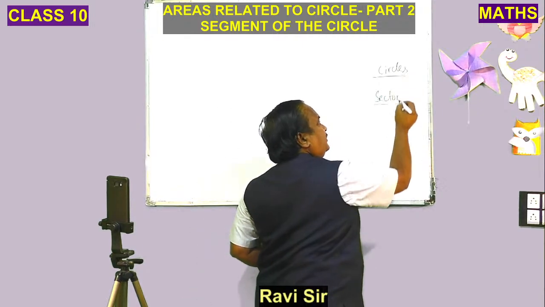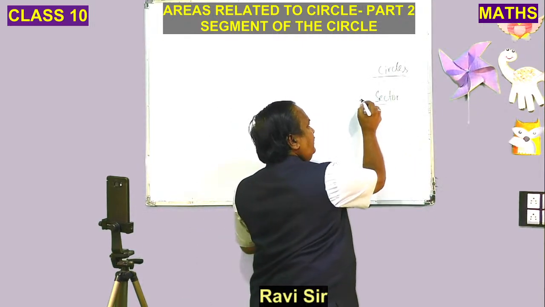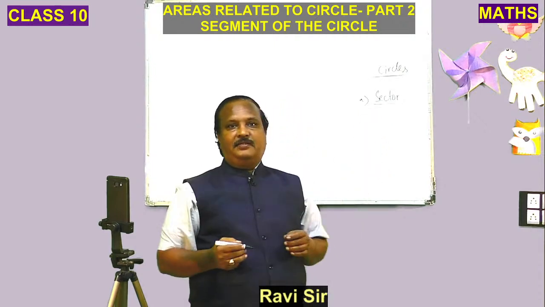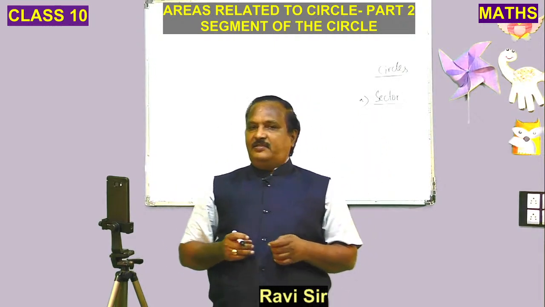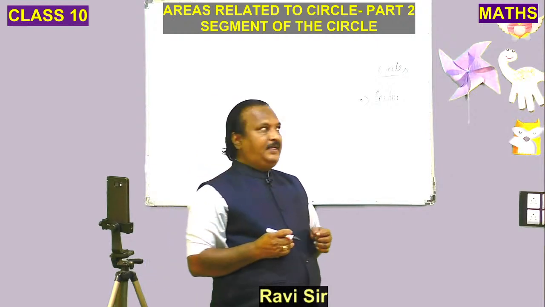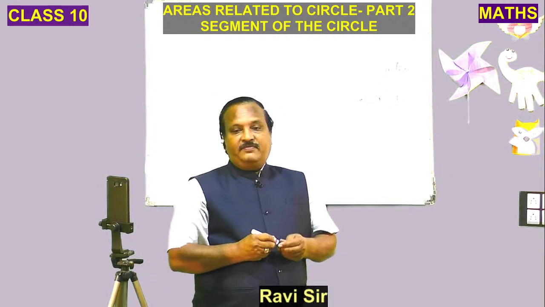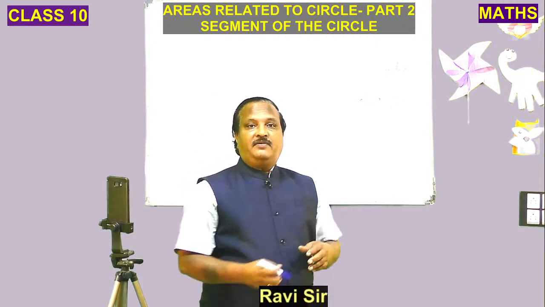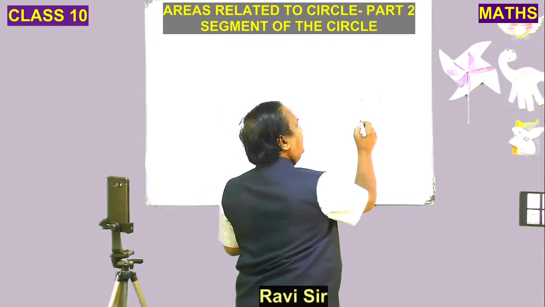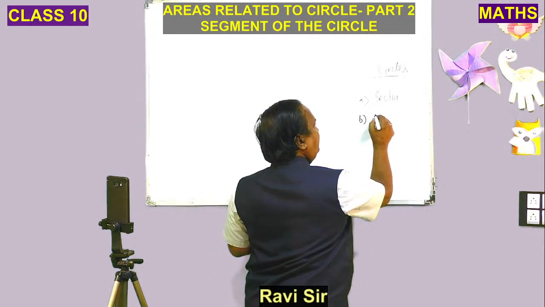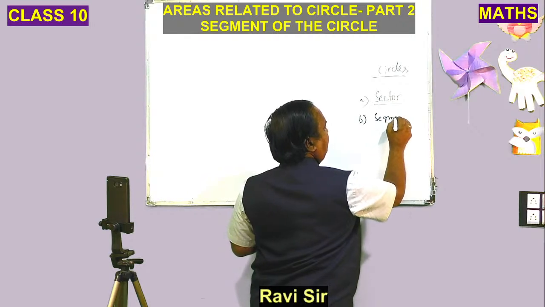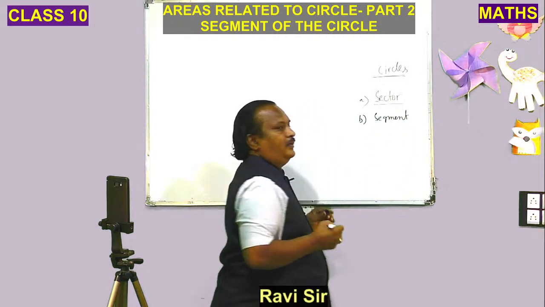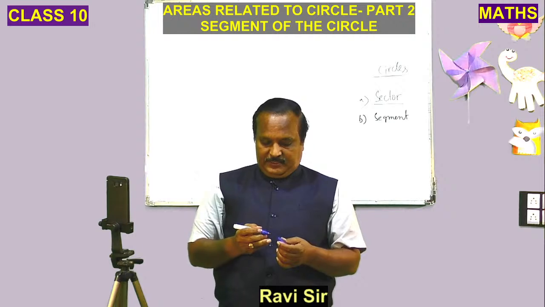Now, a sector is one of the parts of the circle. I am just revising what a circle is. We have already learned that sector is one part of the circle, and the other part of the circle is a segment. So, sector and segment.